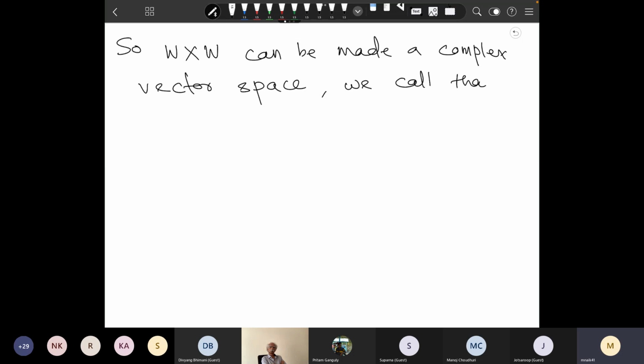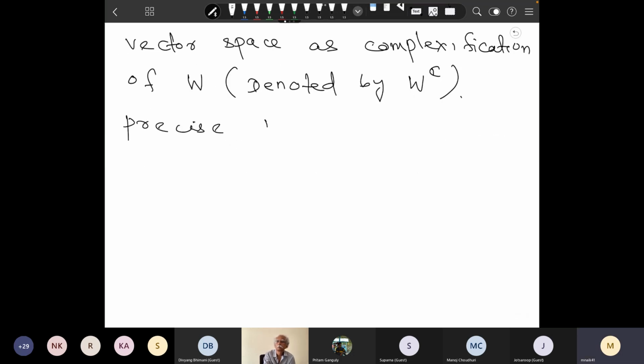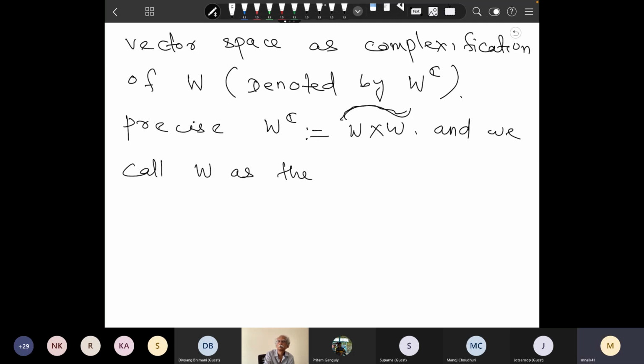We call that vector space W_C, the complexification of W. Precisely, W_C is nothing but W cross W with the tilde, which is the notation for the corresponding complex vector space structure. And we call W the real form of W_C.